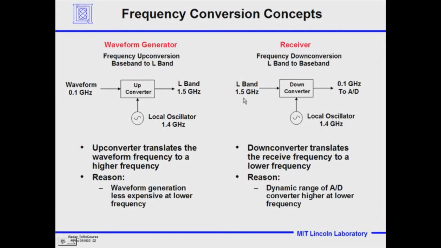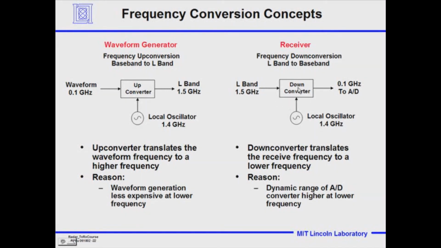Now when we receive the signal back at 1.5 gigahertz, we want to down convert it back to a low frequency. We want to do that because when we go digital to do the processing, it's easier to get high dynamic range for A to D converters at lower frequency.